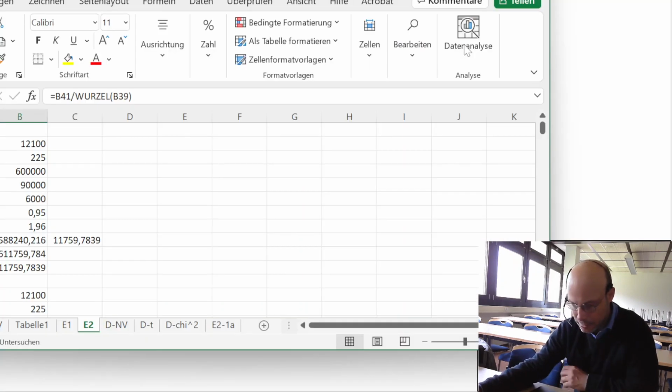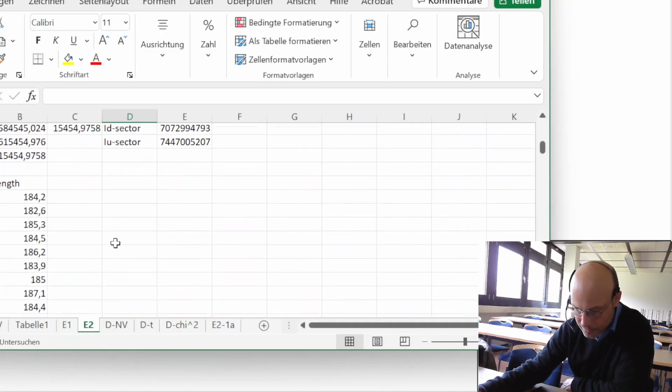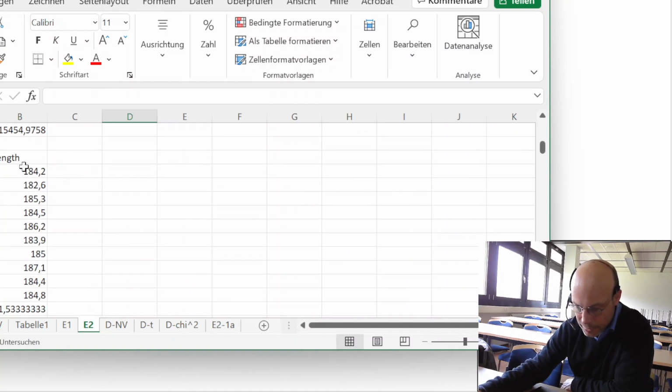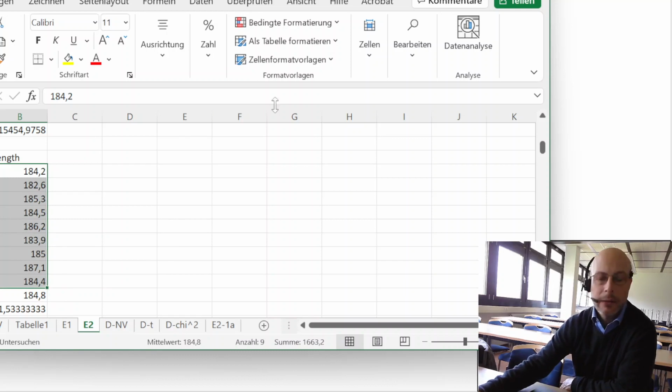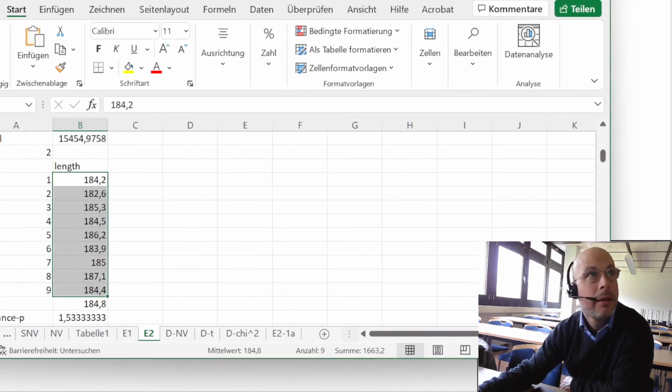And this I hopefully have done here. So here are the data points, a bit more to the right. Just wait a minute.